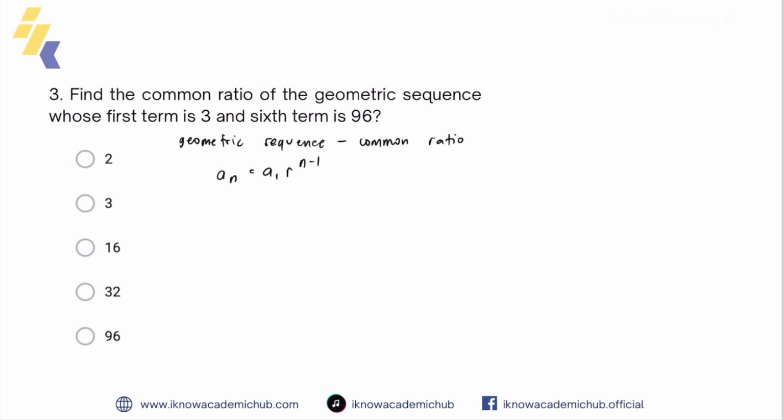But here in this problem, we are looking for the common ratio r. Now, let's identify each variable. A sub n is the nth term. A sub 1 is the first term. R is the common ratio, and that's what we're looking for. And n is the number of terms.